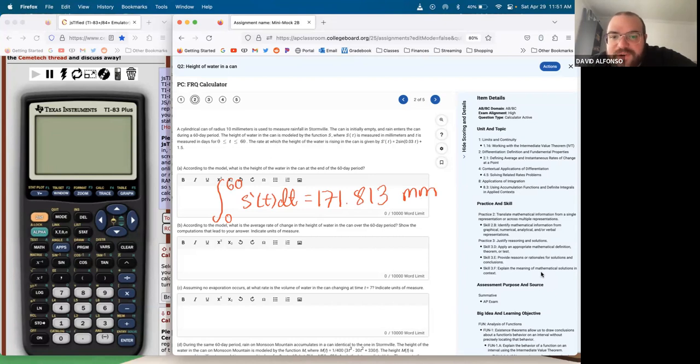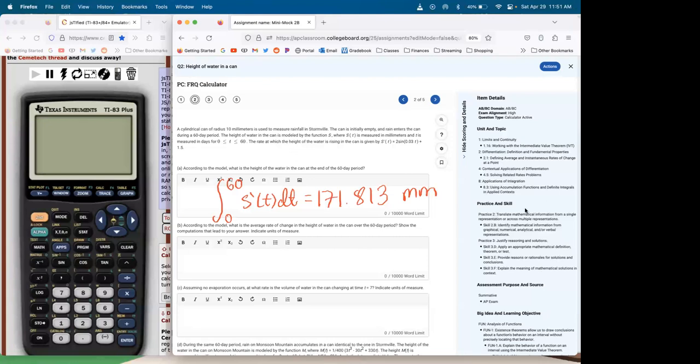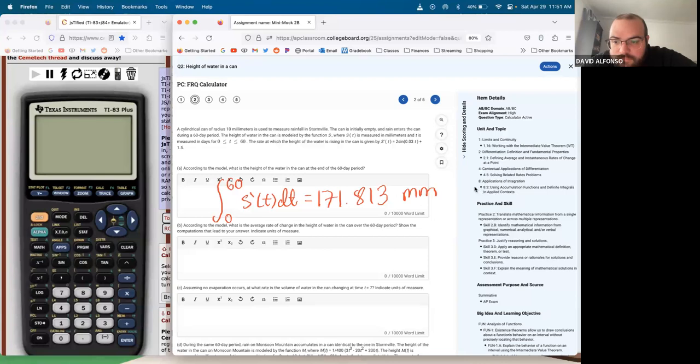Okay, does anyone want to explain why that's the answer? Because they're asking for the height of the water at the end of the 60 days. Mhm. And they think that S is the function to find the height. S is the function to find the height, but what function are they giving us?